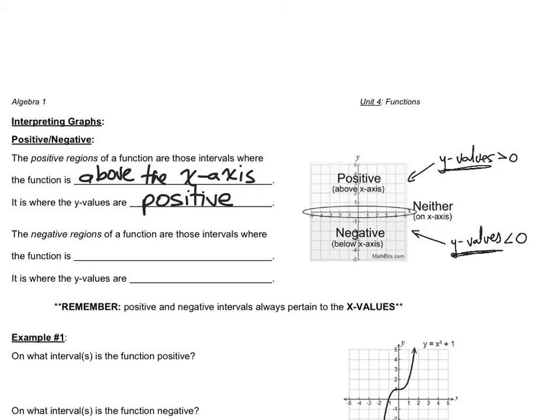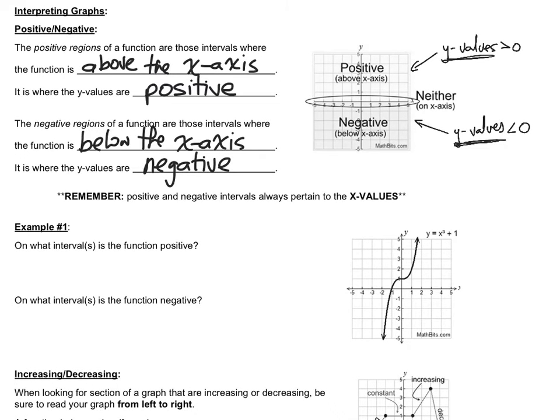Negative regions are where the function is below the x-axis. It's where the function or the y values are negative.